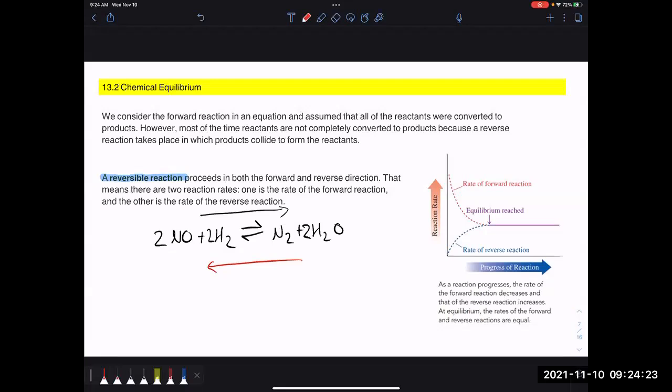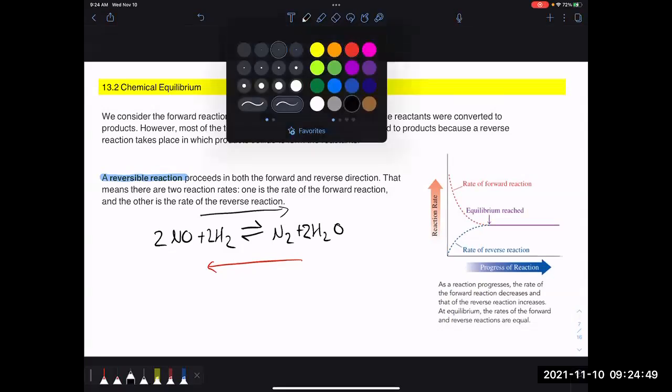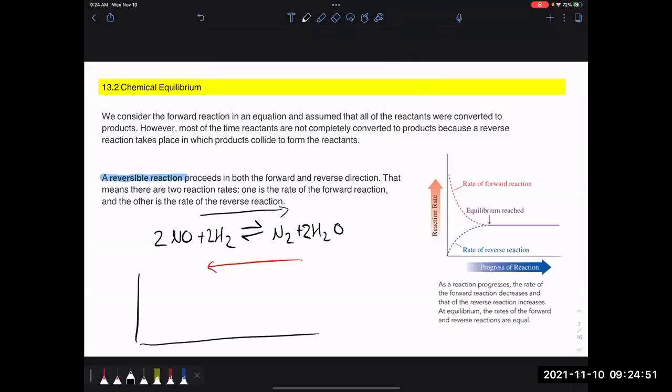That was the other thing I wanted to say about this. So at the beginning of a reaction, and that's kind of what this graph is, when we add our nitric oxide and our hydrogen, those are the only things in the flask. So they have the highest concentration. But as this reaction proceeds, the black line is going to be reactants.